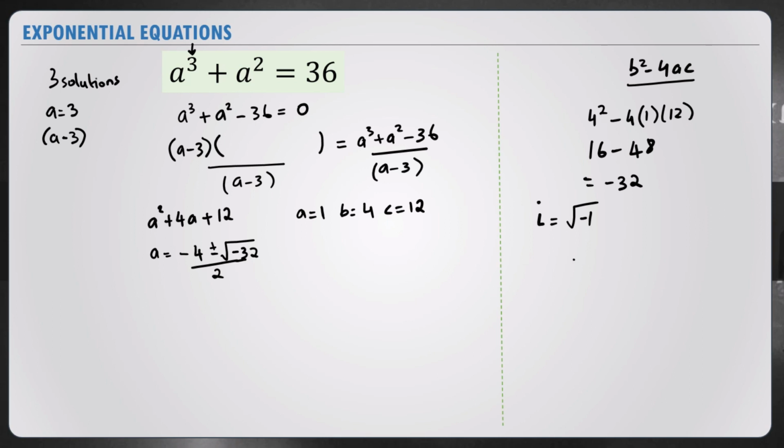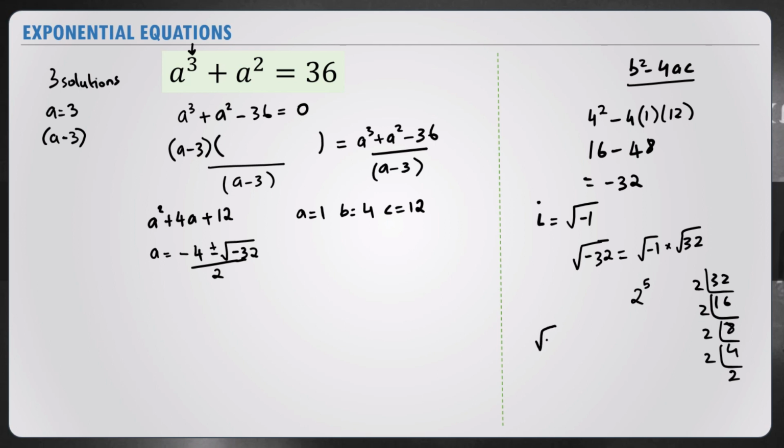Now the square root of negative 32 is actually equal to root of negative 1 into root of 32. And 32 can be factored into 2, 16, 2, 8, 2, 4, 2 and 2, which is 2 to the power of 5. Fine.